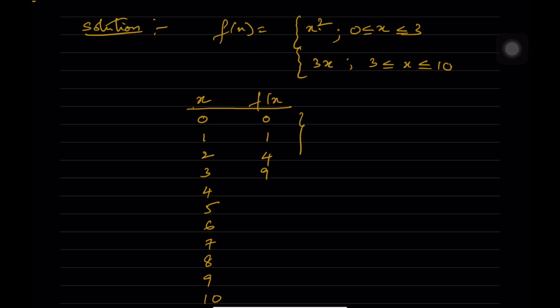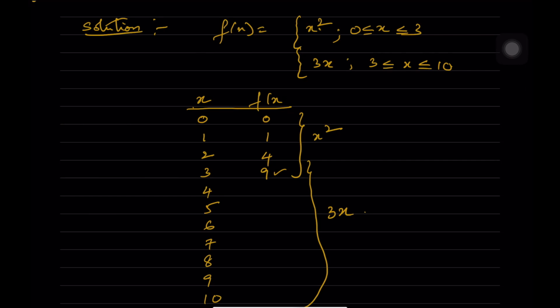So up till here, from 0, 1, 2, 3, it is taking x square. Now from 3 to 10 it is taking 3x. When x is equal to 3, 3x means 3 into 3, which is 9, so this is satisfied.